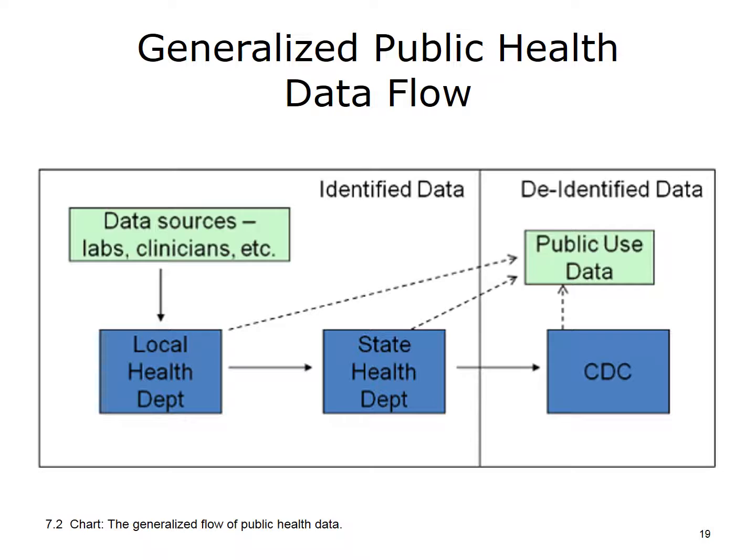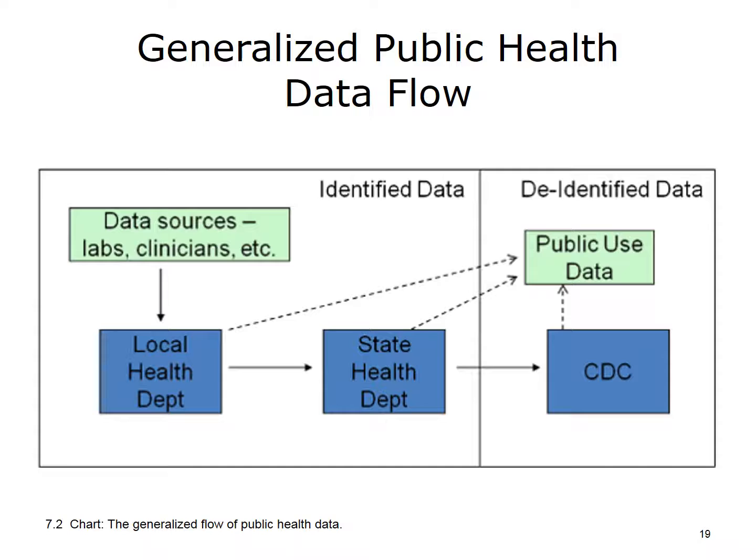The generalized flow of public health data is illustrated in this slide. Because this is a generalization, there are some exceptions to this pattern. In most cases, the data originate from data sources such as clinicians and laboratories. The data are sent to local health departments either directly or they may be routed through the state health department.